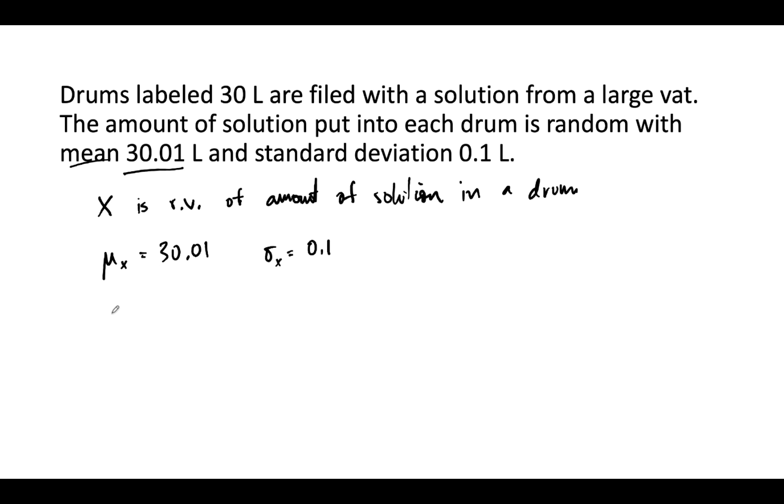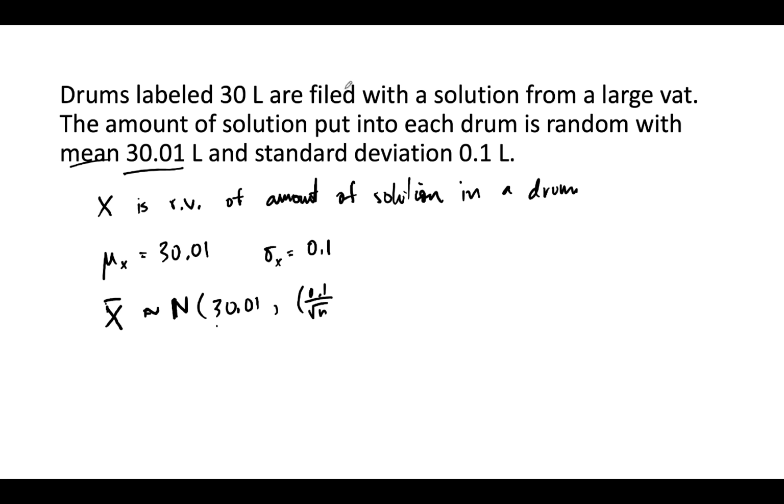So just applying right away, if I was going to apply the typical central limit theorem, I know something about the sample means of samples in this. They will be approximately normally distributed, with mean 30.01 and standard deviation 0.1 over the square root of n.